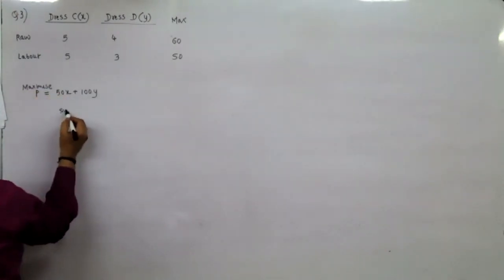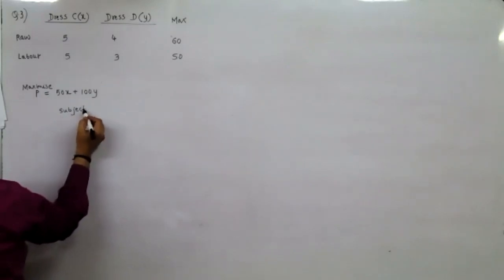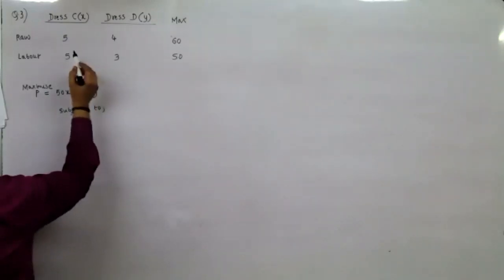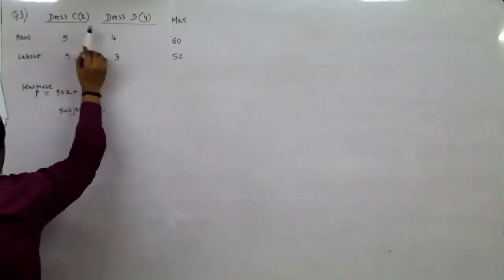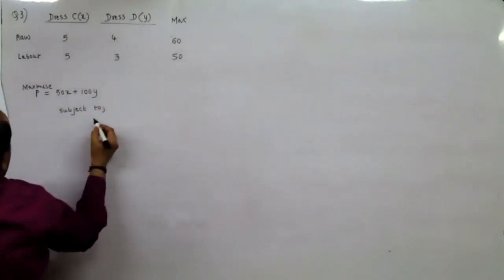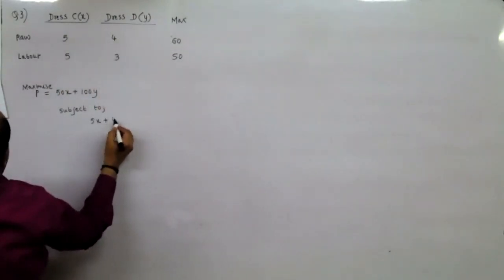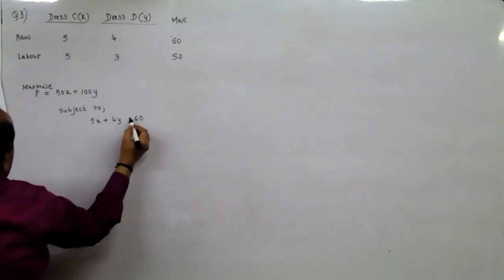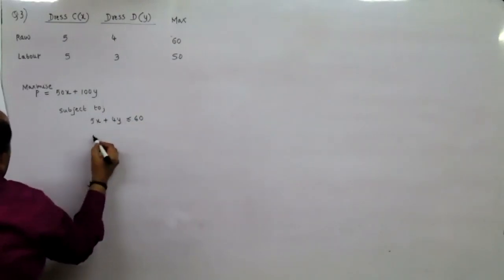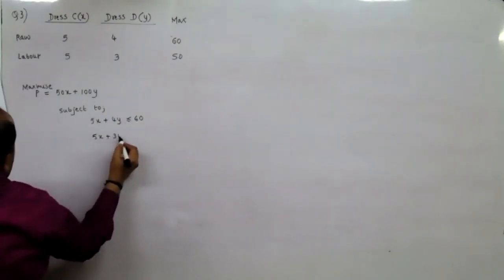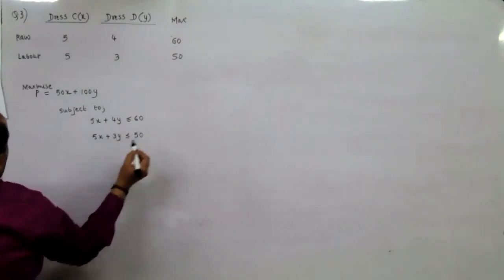This is subject to two constraints. Constraints are limitations. 5 into x plus 4 into y is maximum 60, so less than or equal to 60. Next one is 5 into x plus 3 into y is maximum 50, so less than or equal to 50.